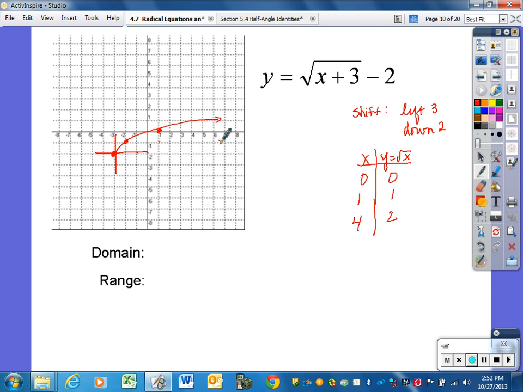This time, my domain: the first x used is negative 3, and everything to the right of it, greater than or equal to. The first y used is negative 2, and everything above it.